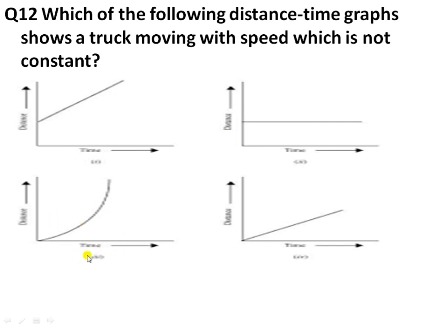And in the third graph, the speed of the truck is changing with respect to time. So here the truck is moving with a speed which is not constant. So the third one is the answer.